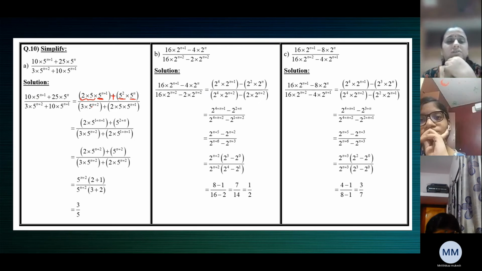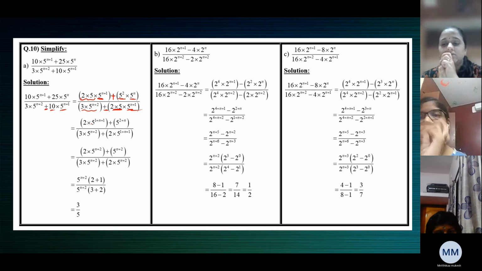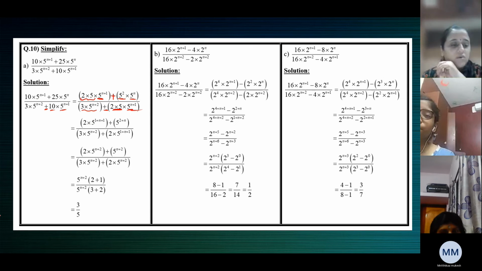You cannot write it further as a product of primes. So 3 into 5 to the power n plus 2 as it is in the first bracket. The connecting sign plus. 10 is 2 into 5 and 5 to the power n plus 1. Okay, Swati? Yes, ma'am.